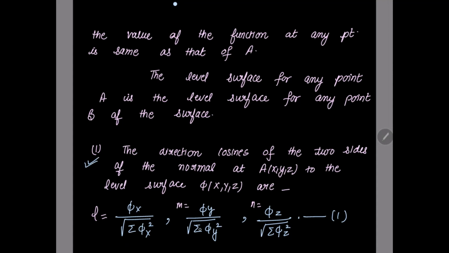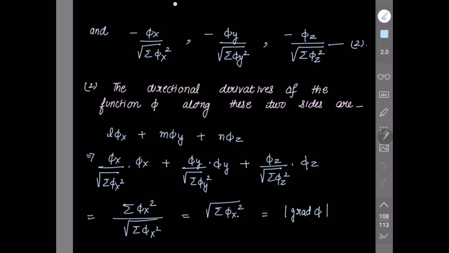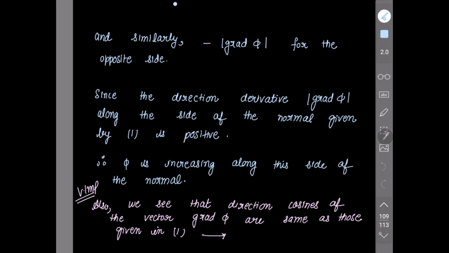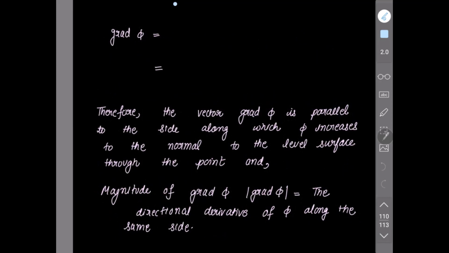See, the direction cosines of the two sides, let me take the positive one, are the same as the direction cosines of grad phi. I have explained to you. What is your grad phi? I have to change the color of the pen. Okay, what is grad phi? It is i phi x plus j phi y, because curly phi over curly x is your phi x only.